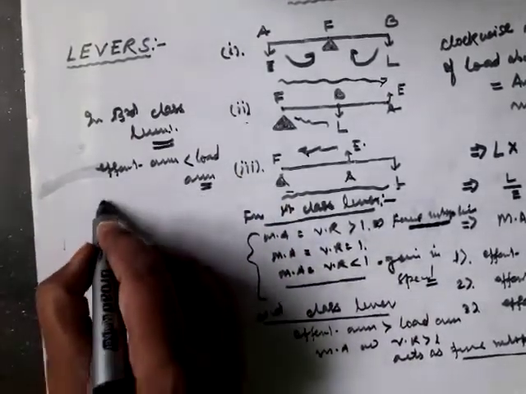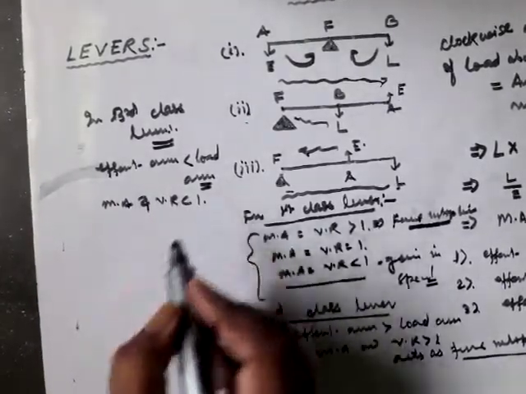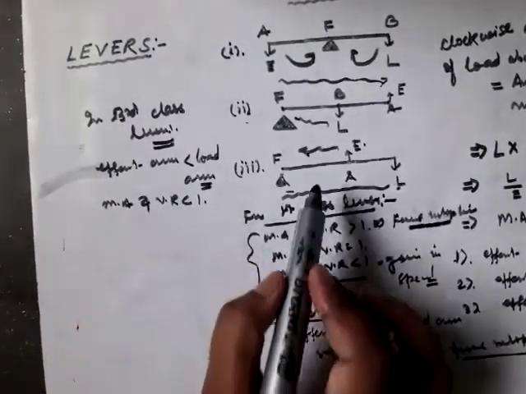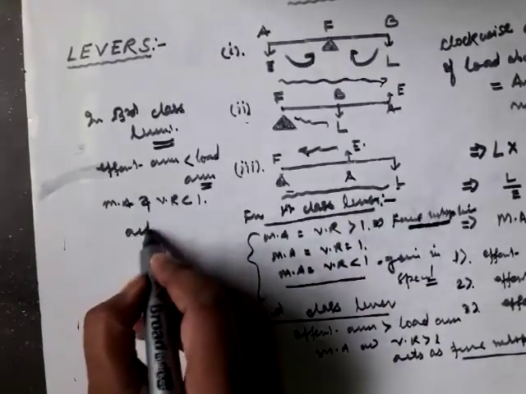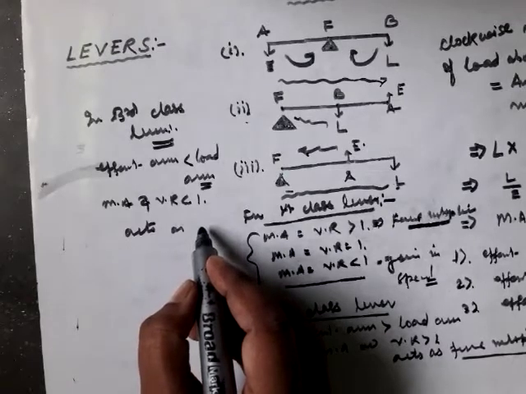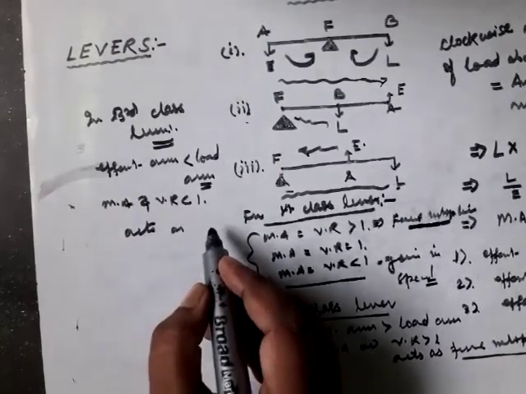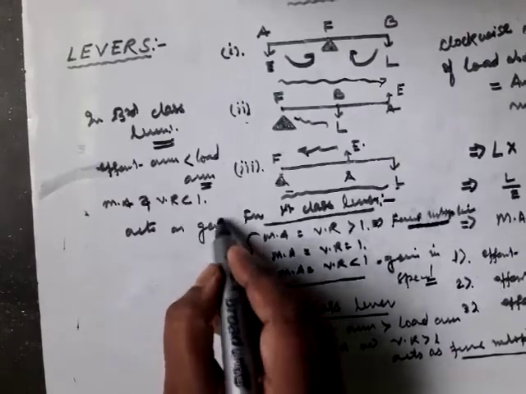In this condition, mechanical advantage and velocity ratio is also less than 1. So the third class lever always acts as a gain in speed.